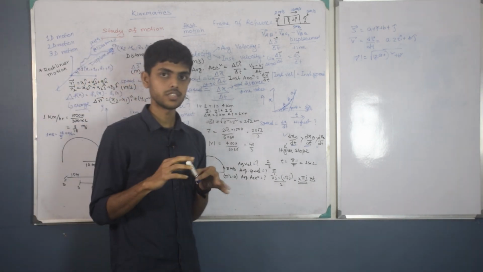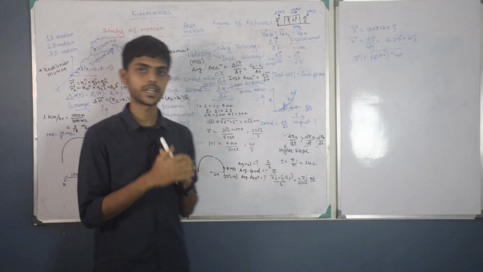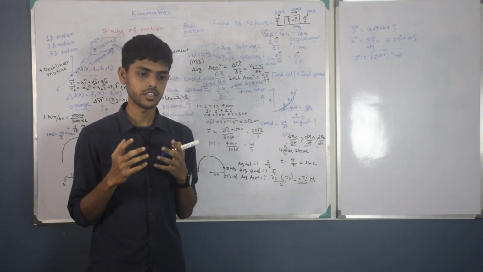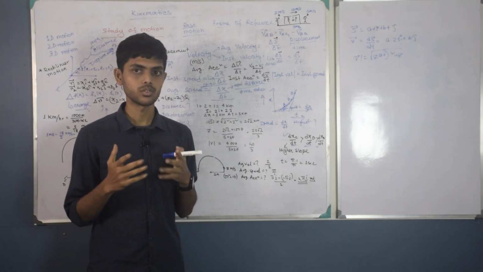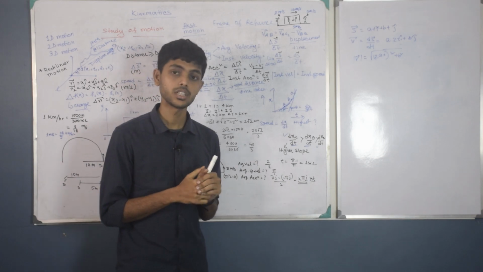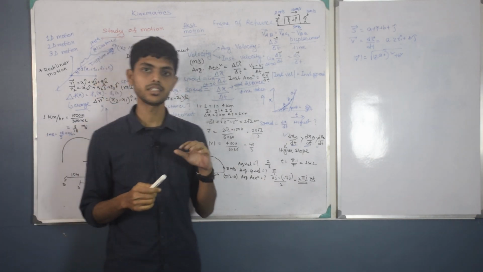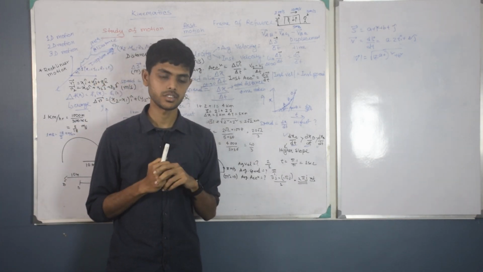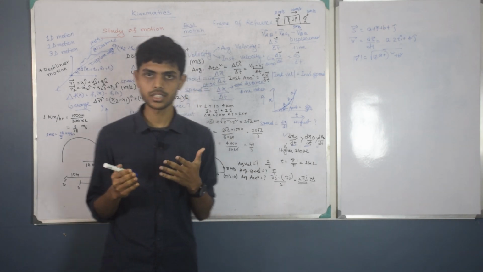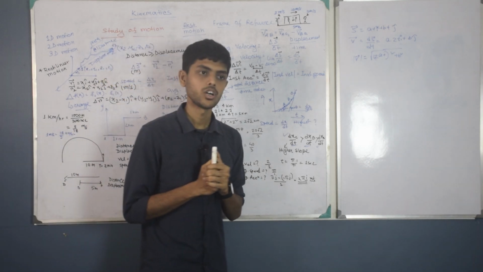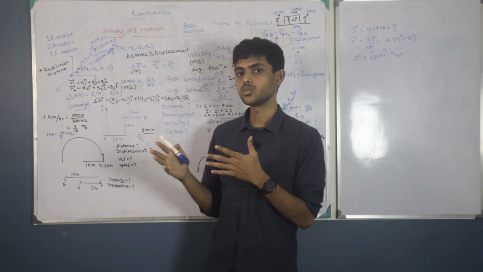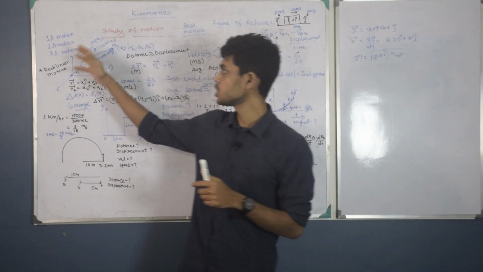Now, if an object is moving in one particular direction, then speed and velocity of the object will be the same. The object is not changing direction. But if the object is changing direction, then speed and velocity could be different. Motion could be 1D, 2D, 3D.